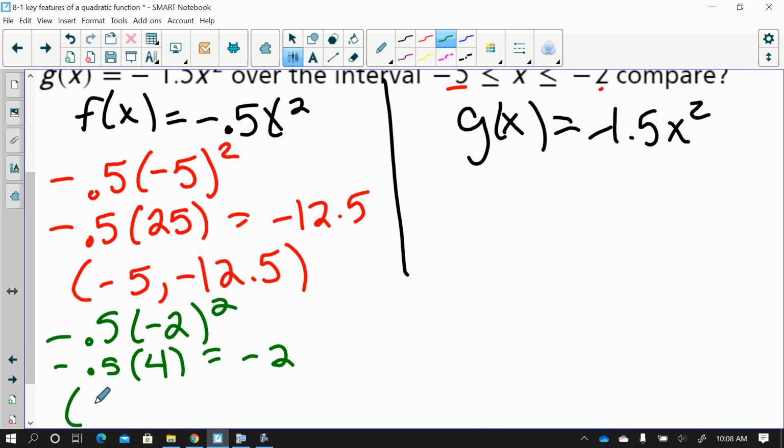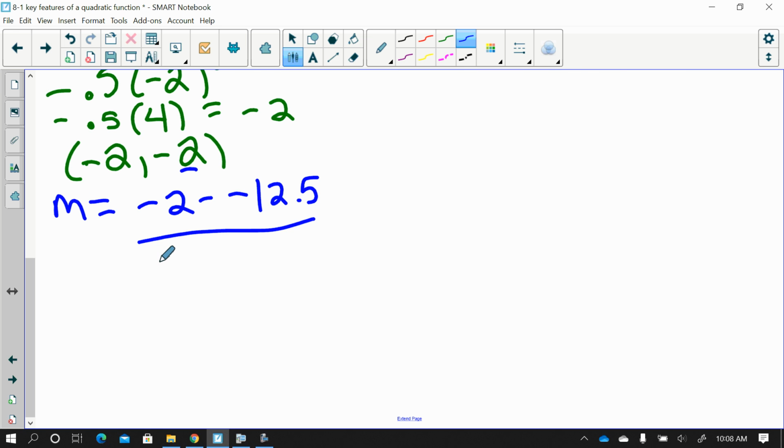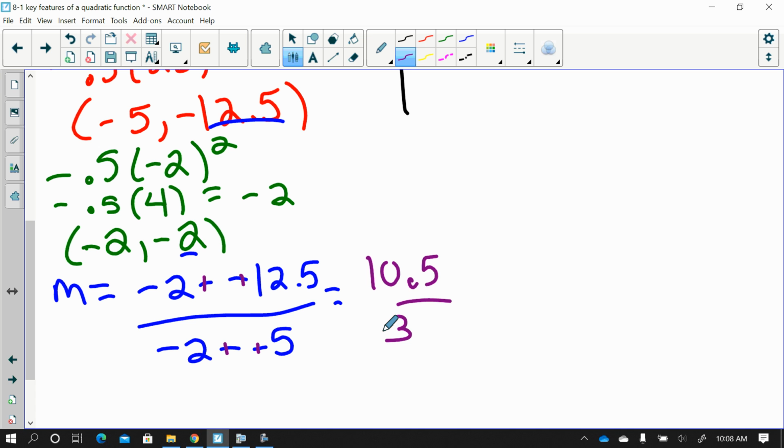So I get the point (-2, -2). Now I can do my slope. Okay, so m equals y2, so -2 minus negative 12.5 over -2 minus negative 5. Well, remember, anytime we have minus negative, it turns into plus a positive, so this gives me 10.5 over 3. And 10.5 over 3 is just 3.5.